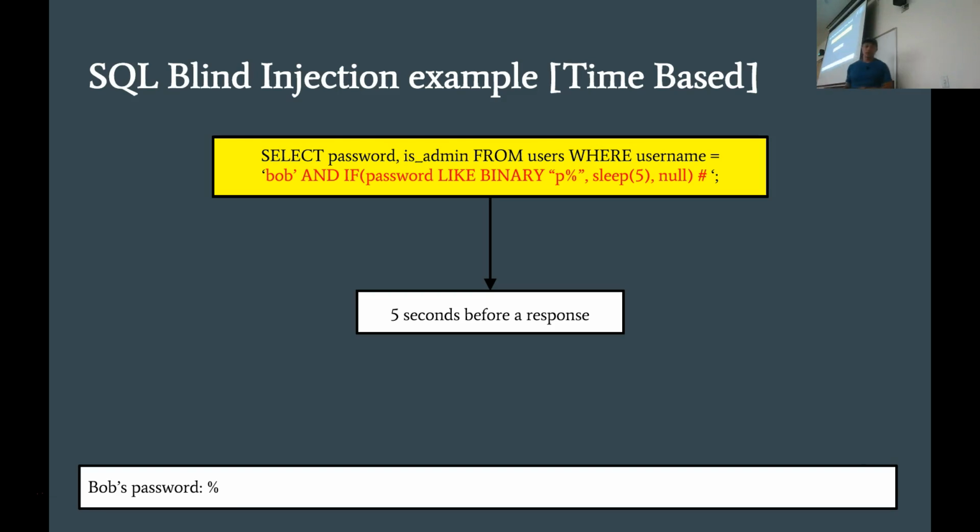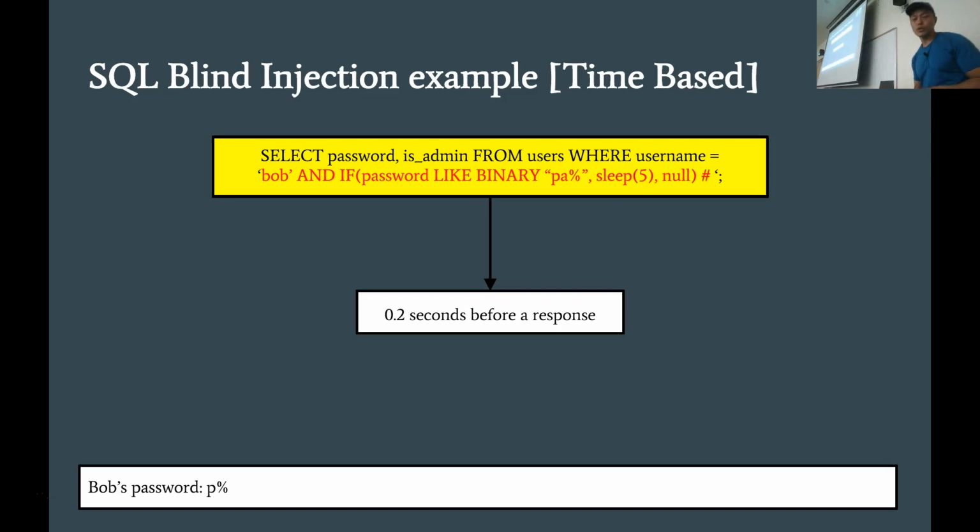Okay? So once you know that, you can go on to the next character in Bob's password. And that's what we're going to do now. We know Bob's password starts with P. So then we'll do PA%. Okay? PA% takes 0.2 seconds, so the second character is not A. And then we keep on going.